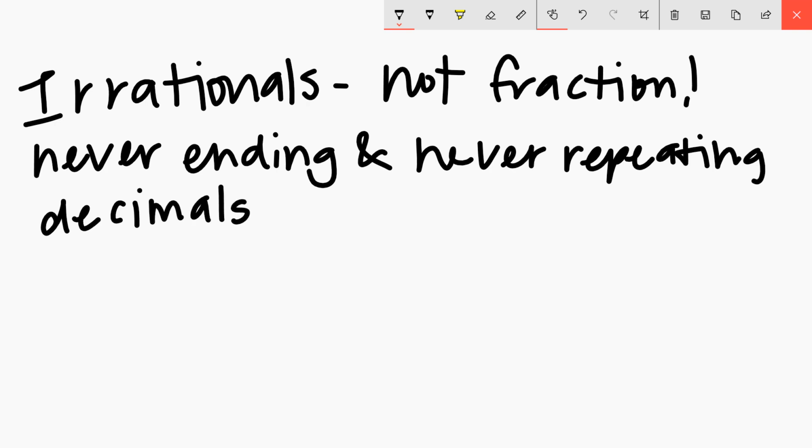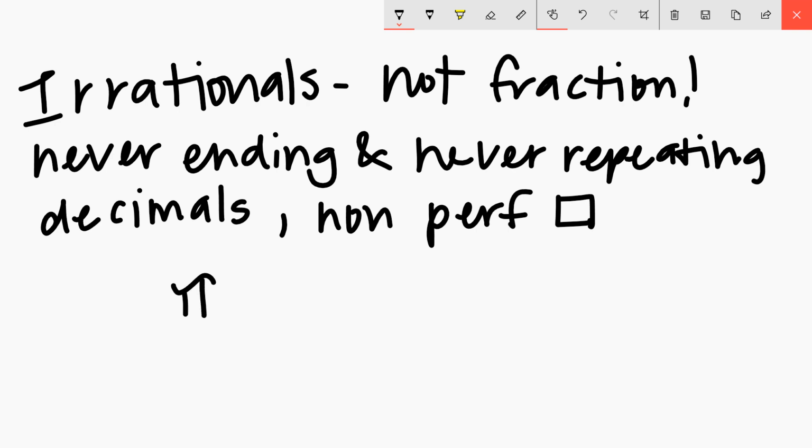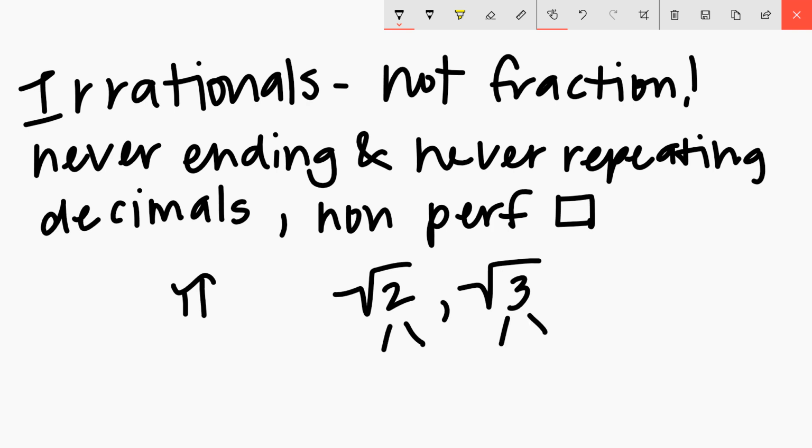And you've also got your non-perfect squares. So never ending, never repeating, such as pi. Non-perfect squares, like the square root of 2, or maybe the square root of 3. You know that there are no numbers that when you multiply by yourself, you're going to get 2 or 3. That's what a non-perfect square is. Also, if you plug it into a calculator, you're going to get some super long decimal that doesn't repeat and never ends, technically.